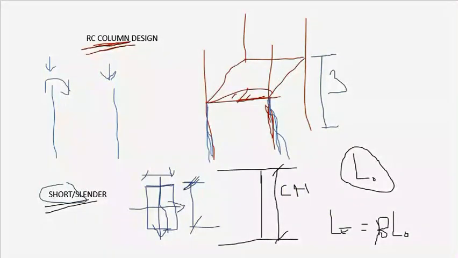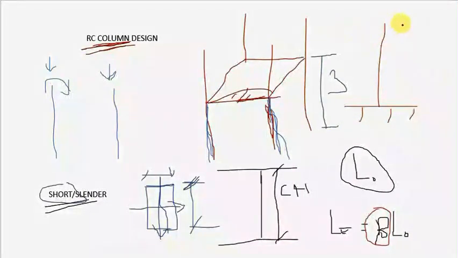How do we get this beta here? Well, beta is tabulated in the code, and it depends on the type of restraints we have at the ends. You might have a column which is fixed at the bottom, but then it is a cantilever at the top. That means it is free to rotate here.